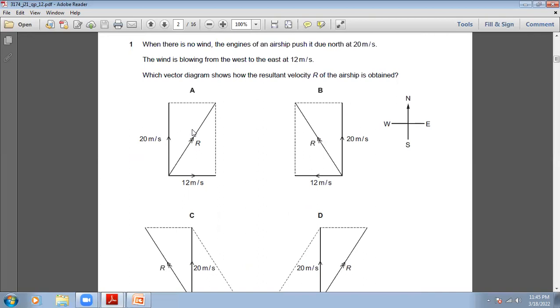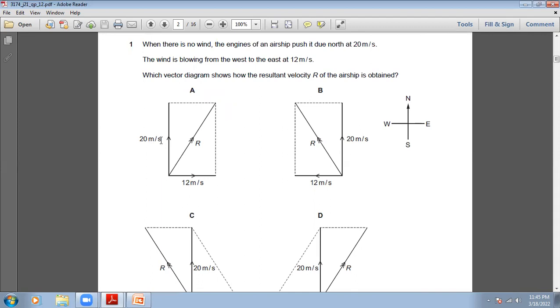So you will put the two velocities, 20 meters per second and 12 meters per second, in such a way that their tails are joined. Then you suppose that they are the adjacent sides of a parallelogram, and you complete that parallelogram. The resultant will be from the point where the tails are joined; you join that point with the opposite corner, and that will be the resultant.